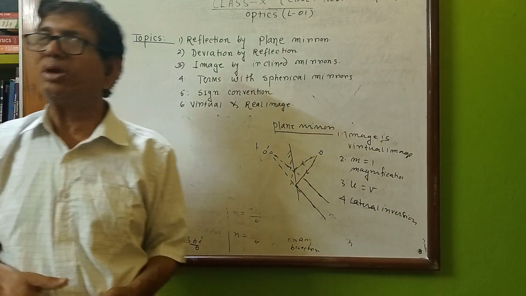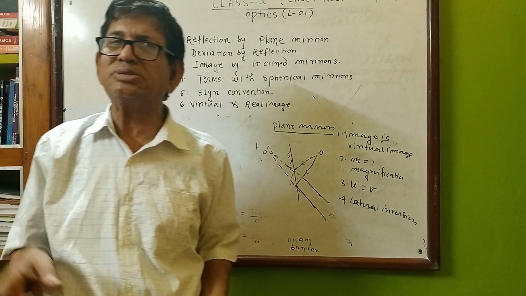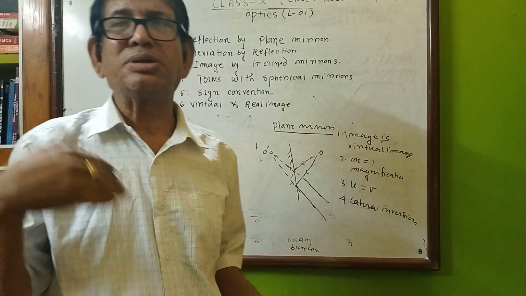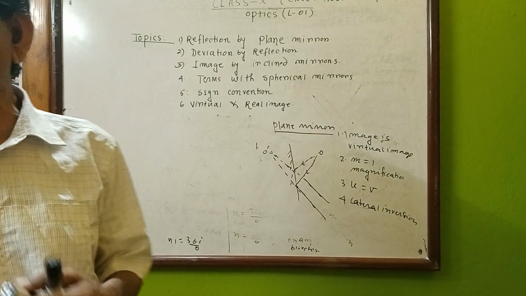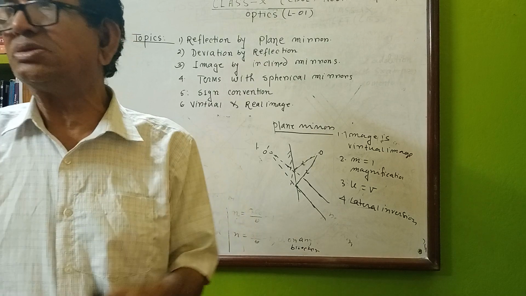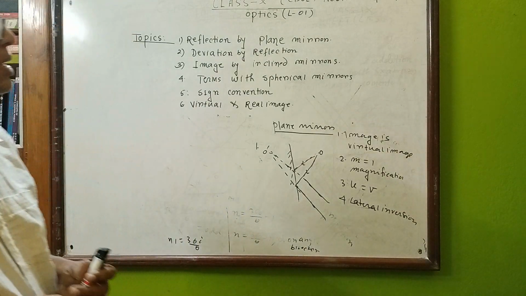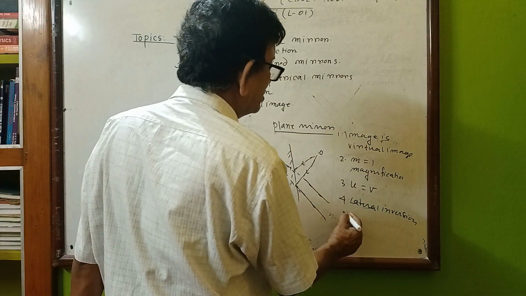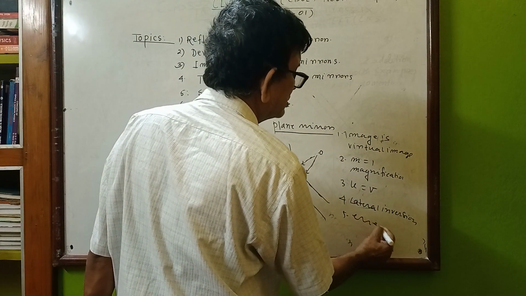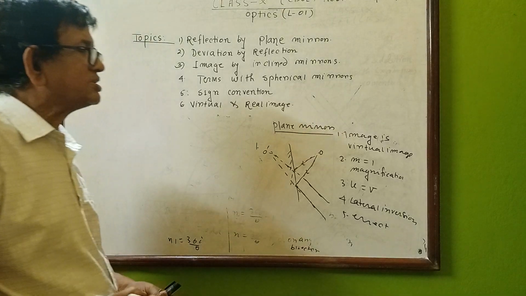In the case of an ambulance, the word is written in reverse order, so that due to lateral inversion you get the image erect. Now, a virtual image is always erect. Clear? These are the characteristics.